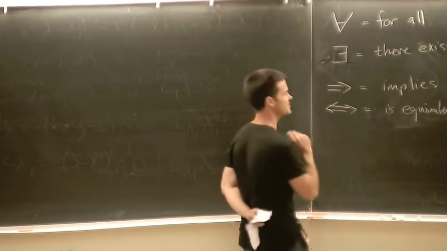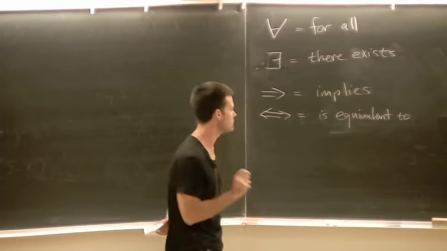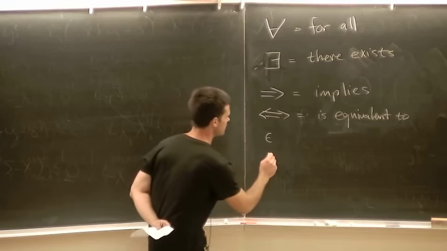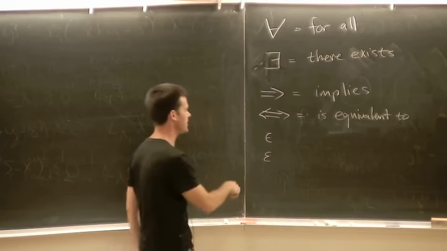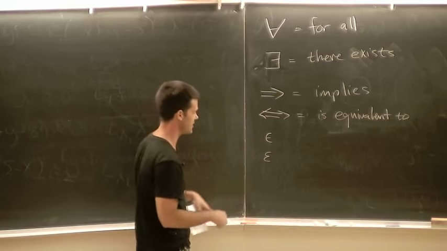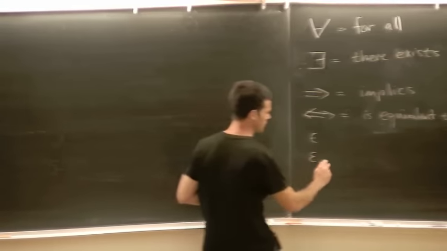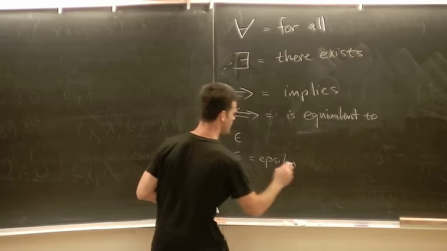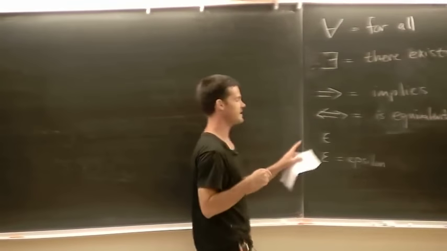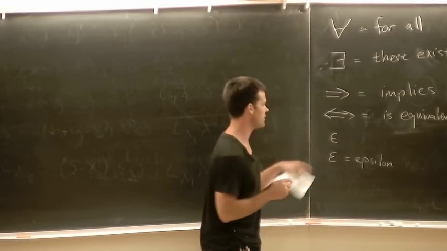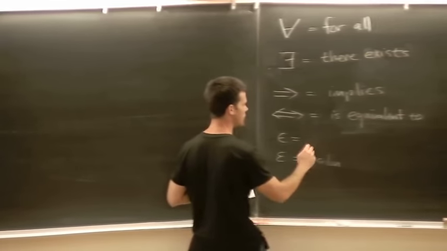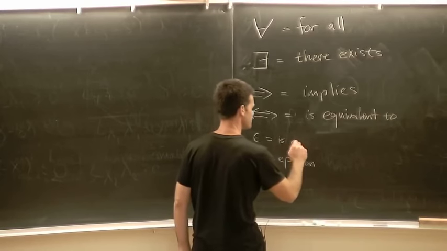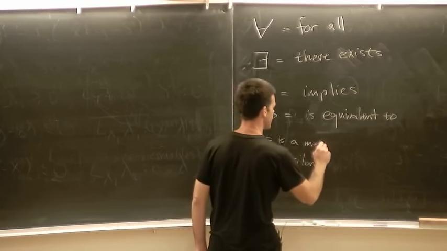There might have been some confusion when I used this symbol, not to be confused with this one, except sometimes this one is written like this. This one is always the Greek letter epsilon. This is sometimes used as the Greek letter epsilon, but in general means is a member of, or belongs to the set.